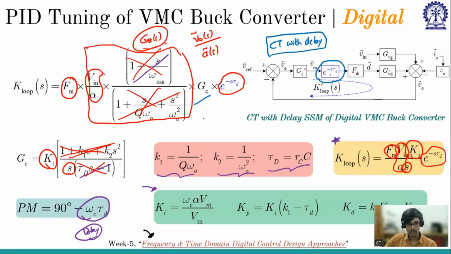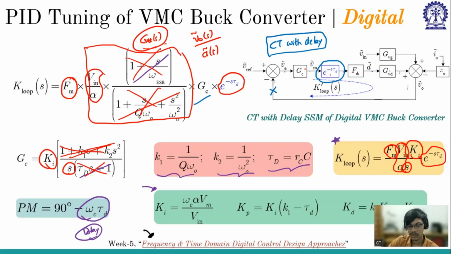Sir, loop means we do not have to consider V reference, right? Just the loop only. When we say loop, we break the loop and calculate the gain from this point to the end point without the sign. So from this point we go Gc into e to the power minus s Td into FM into Gvd.